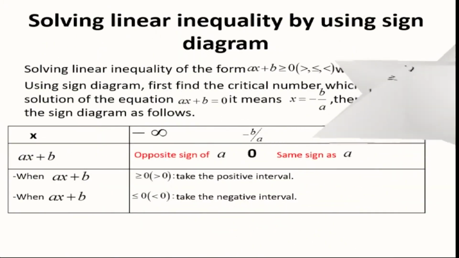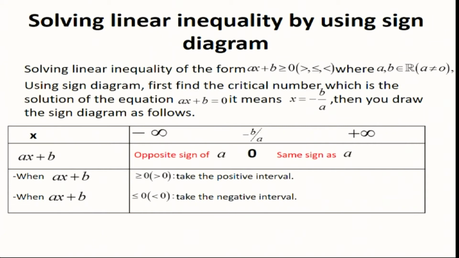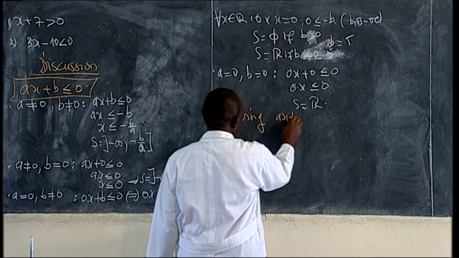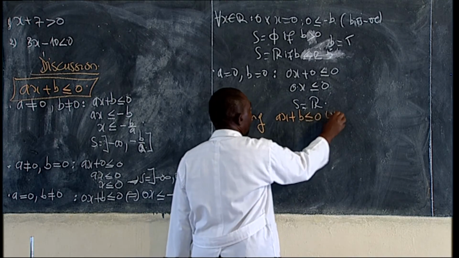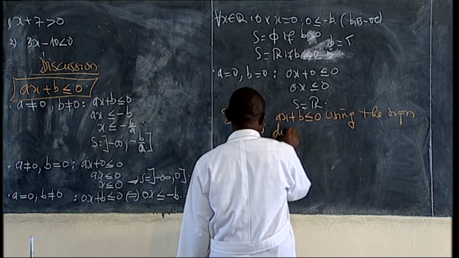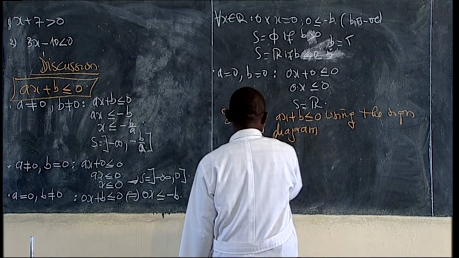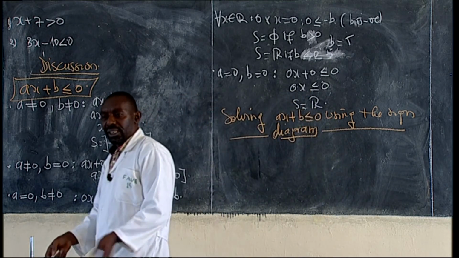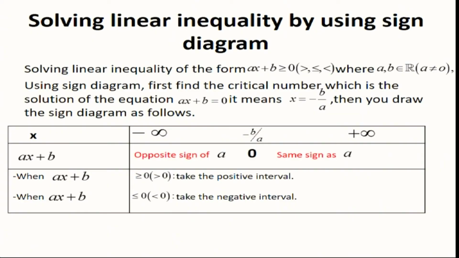What I need today is solving a linear inequality using the sign diagram. Solving this inequality, ax plus b less than or equal to 0, using the sign diagram is what I need for this lesson, because already everybody is able to solve a linear inequality in one variable.